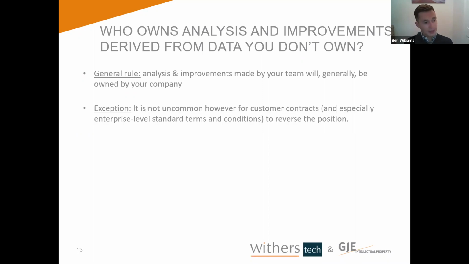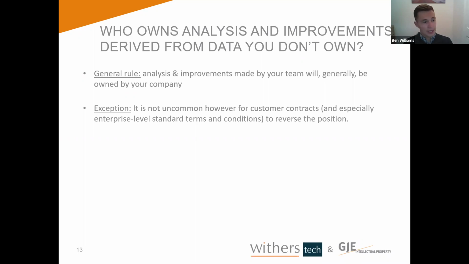However, there is an exception to that, and it is not uncommon at all for the contractual matrix, the documents that you enter into, to alter the standard position. It's not uncommon at all for those contracts, especially at an enterprise level, to reverse that position. And that's often subtly done through an overlapping series of different provisions in the agreement which address data generally.